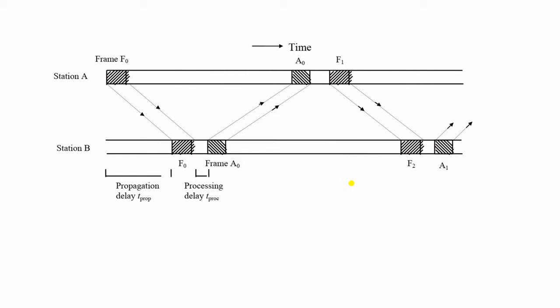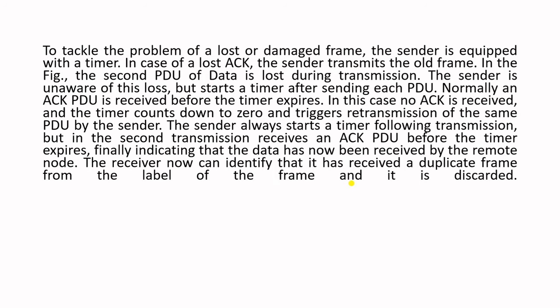A0 is received by station A, and after that frame 1 and frame 2 are transferred, and station B sends the acknowledgement or negative acknowledgement accordingly. This diagram shows how the process works and what delays there are in stop and wait ARQ.